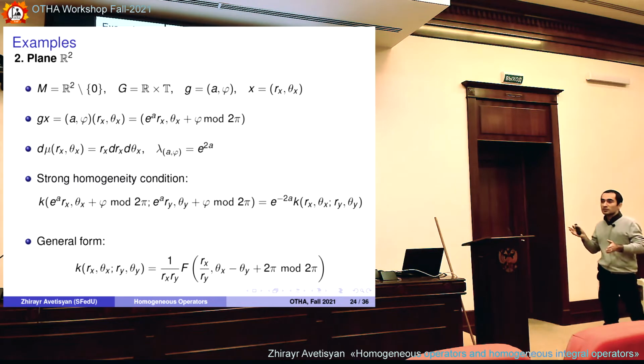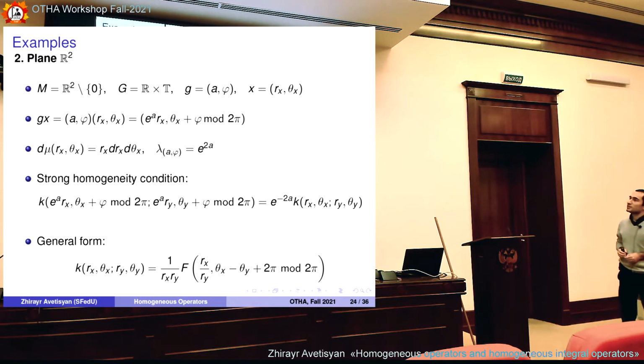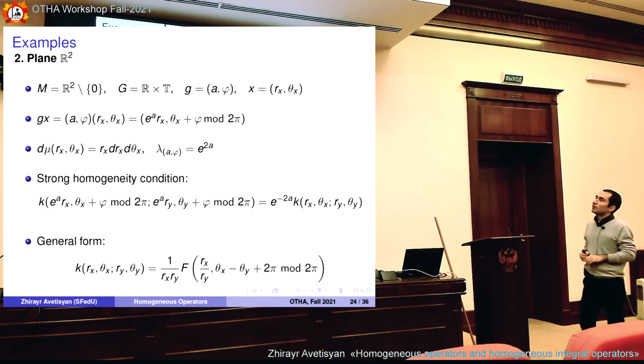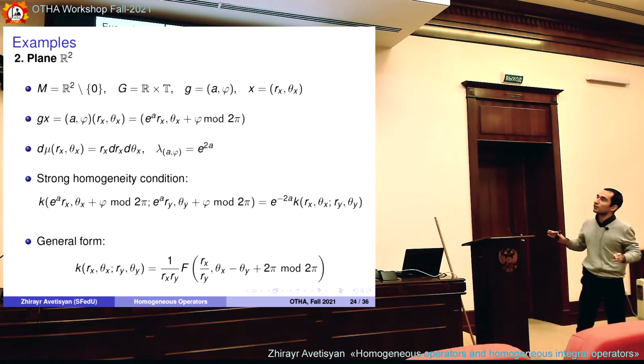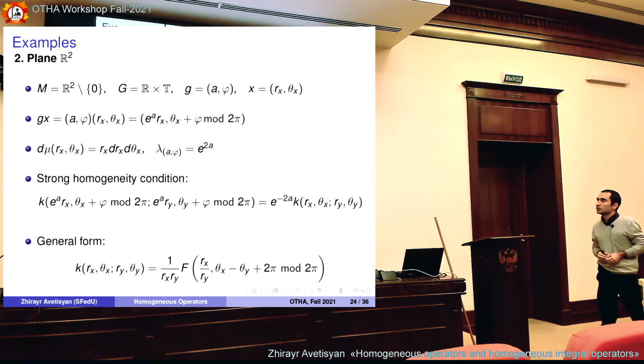This is just a very simple situation. So here you take M to be R2 minus the 0 point, because we agreed that the action of the group G is transitive and the 0 point is a fixed point. We remove it. It doesn't change much in your integrals, of course.